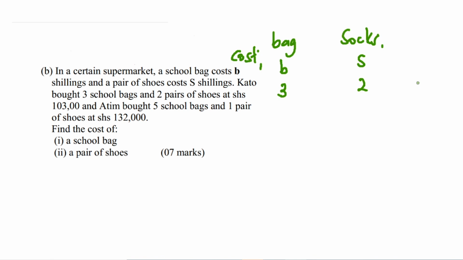Wait, this is not stockings, it's shoes. The question says that in a certain supermarket, a school bag costs B shillings and a pair of shoes costs S shillings. Kato bought 3 school bags and 2 pairs of shoes, and he bought these at 103,000.